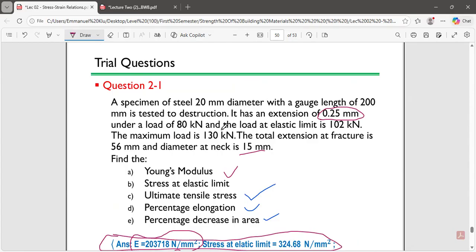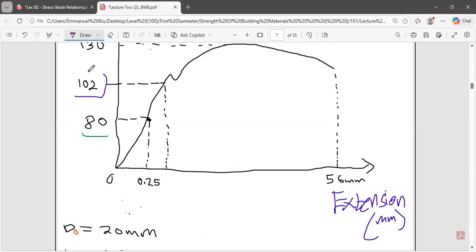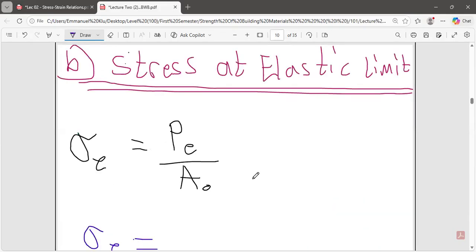The load at elastic limit was 102, as we are seeing over here. So 102, this is what we are going to use to calculate for our question.